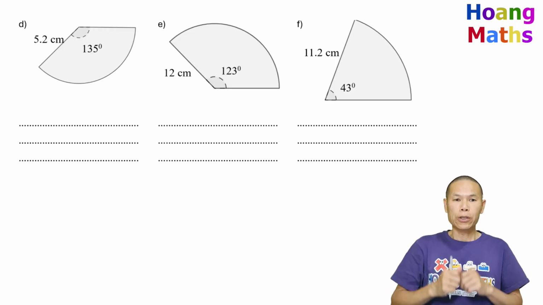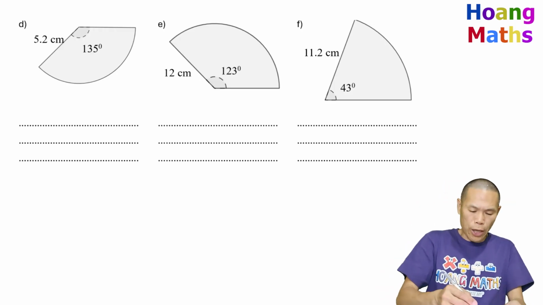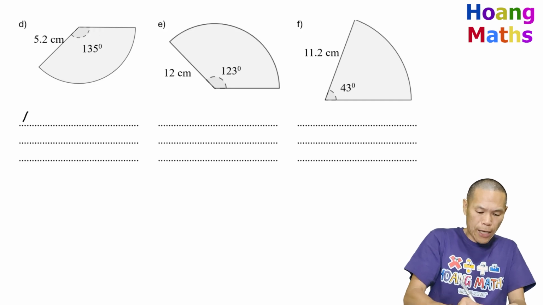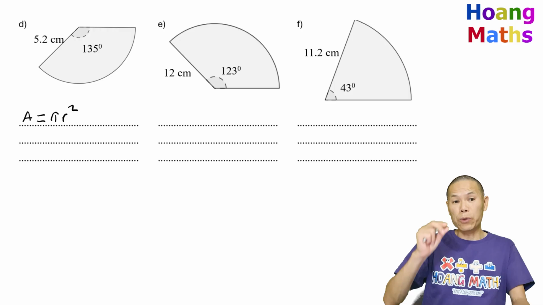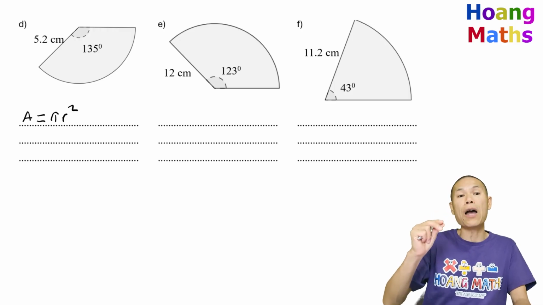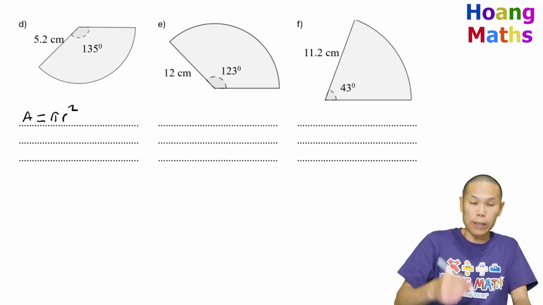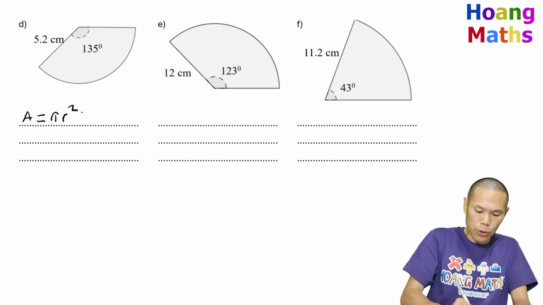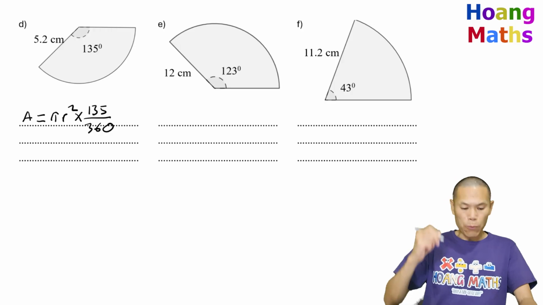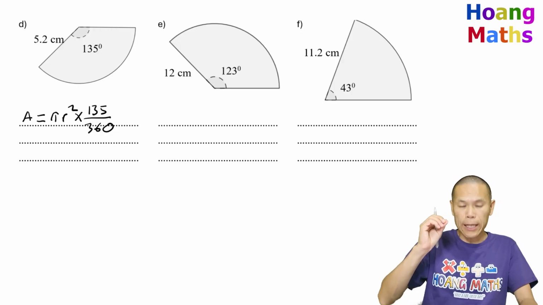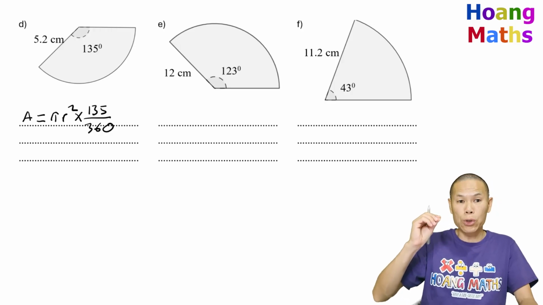So part D, so it's a part of a circle. So the area of a circle is pi r squared, and we just need 135 out of 360 degrees, a part of it, okay? So we times by 135 out of 360. And we know that the radius of this sector here is 5.2.